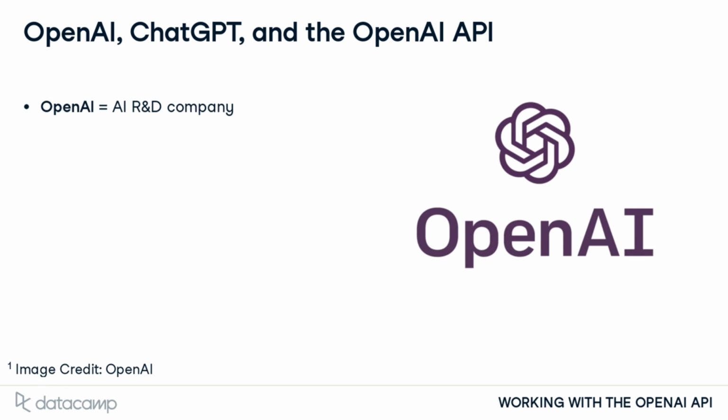OpenAI is a company that researches and develops artificial intelligence systems. One of their most famous developments is ChatGPT, which is an application that allows users to communicate with an AI-powered chatbot, to ask questions, perform tasks, or generate content.